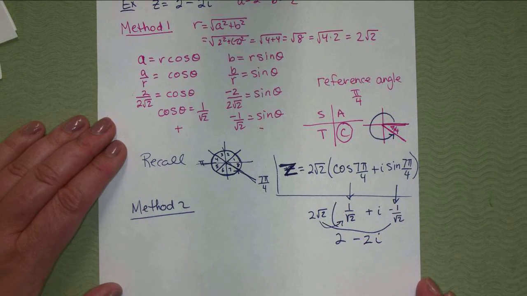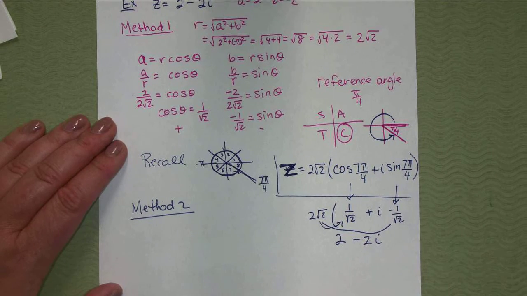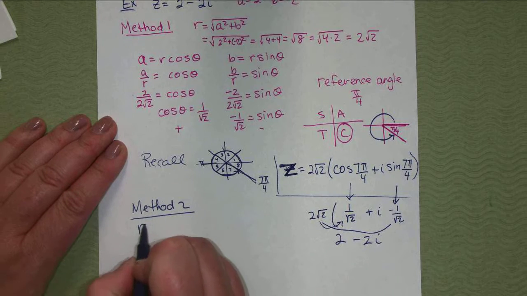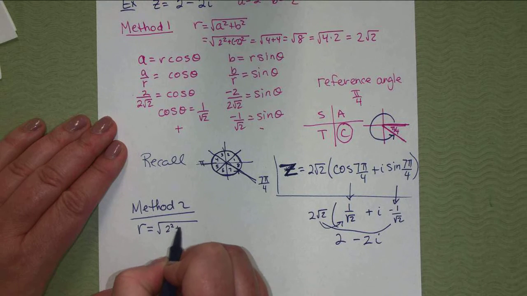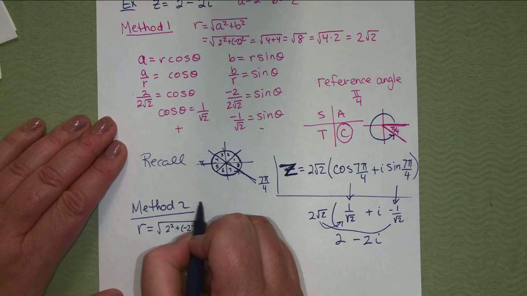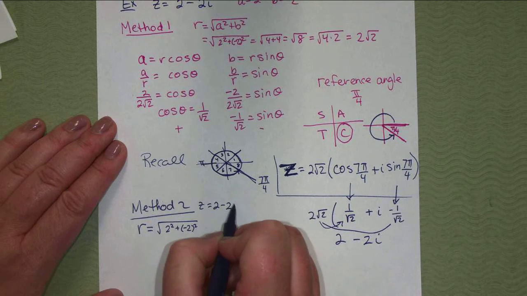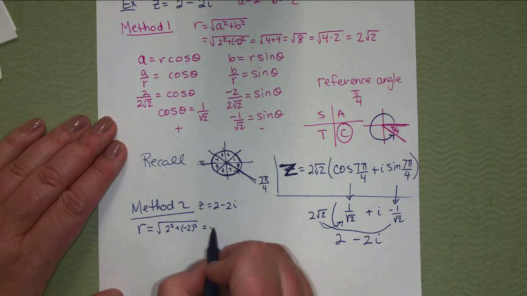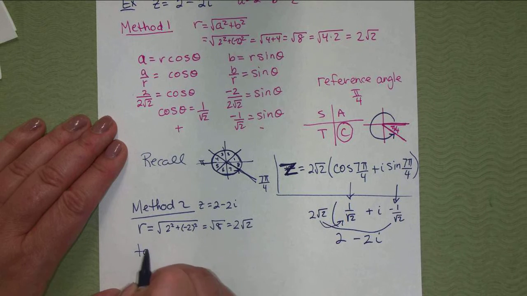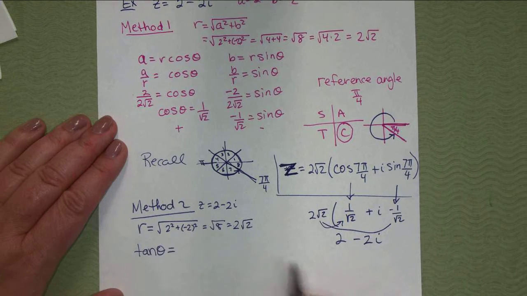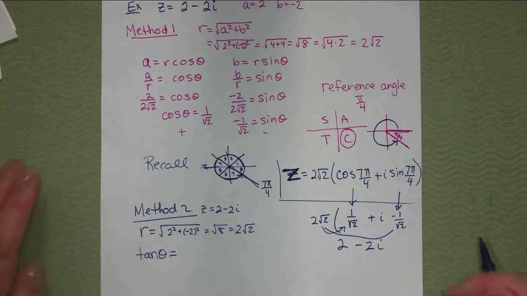Okay, so method 2 is this. You still find R. So 2 squared plus minus 2 squared, which is root 8 or 2 root 2. And then we do tan theta is, what do you think? It's sine over cos is tan. And so what is the sine, the A or the B?